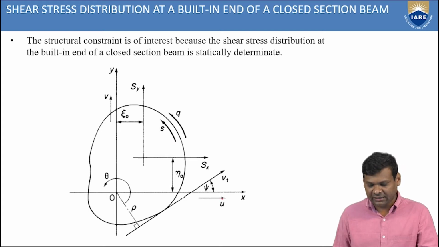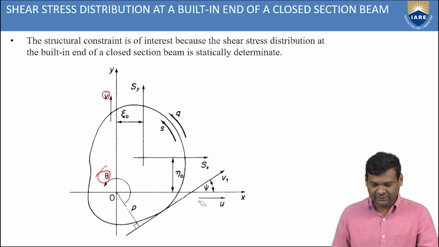The variables u and v are the displacements associated with the shear loads Sx and Sy. Apart from u and v, we also have another displacement, the rotational displacement theta.